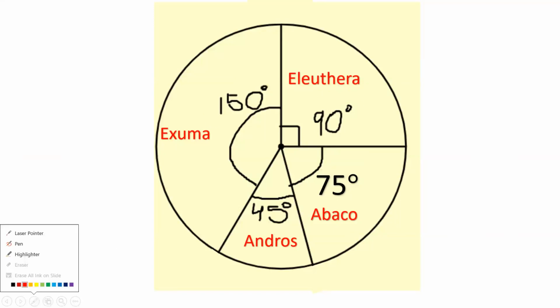We also know that Arbuckle is 75 degrees. We know that Andros is 45 degrees. And so that's it. That is how we draw an accurate pie chart based on the information given. Okay, let's move on to the next question.